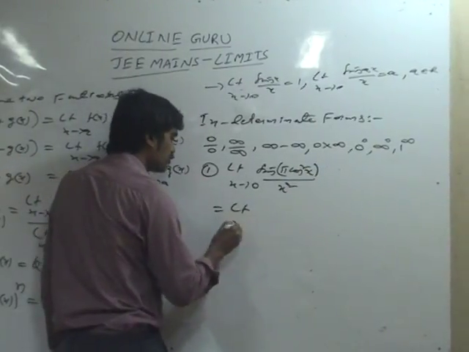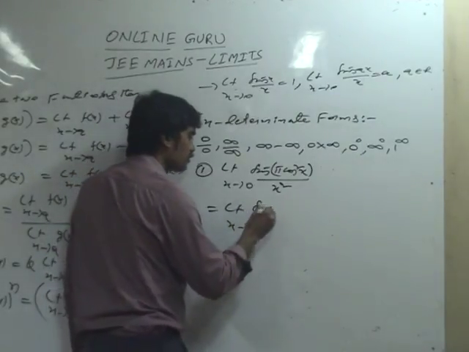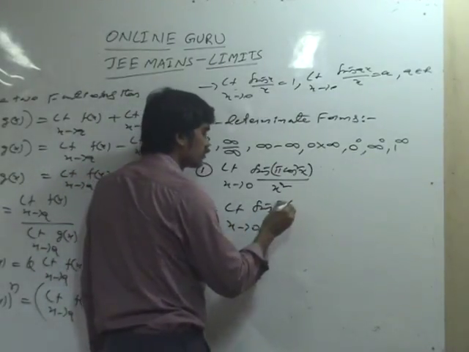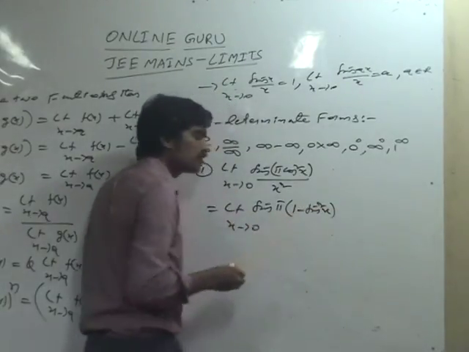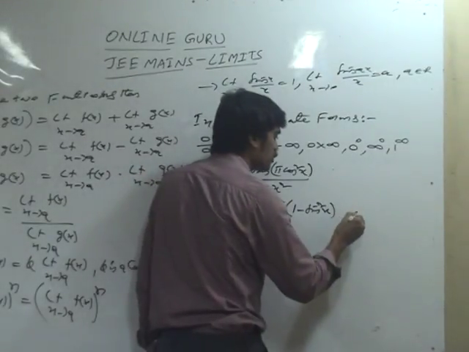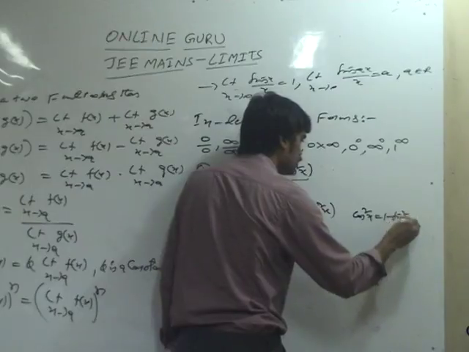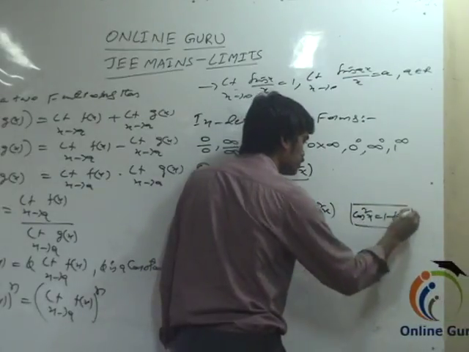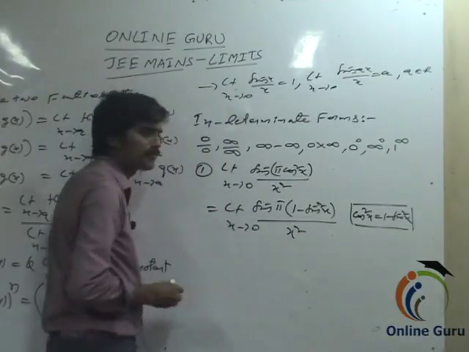This equals limit x tends to 0 sin pi into cos square x, you can write as 1 minus sin square x, because you have the formula cos square x equals 1 minus sin square x in trigonometry, divided by x square.